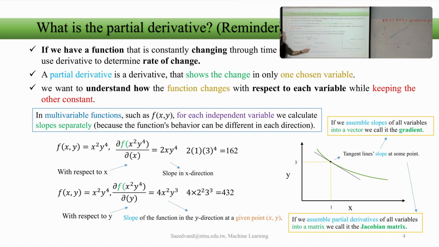If we do that, the result will be like this: the power of y, 4, is reduced by 1, then 4 times x to the power of 2, y to the power of 3. So what's happening? We're calculating the slope. Clear? Any question? Simple math so far.